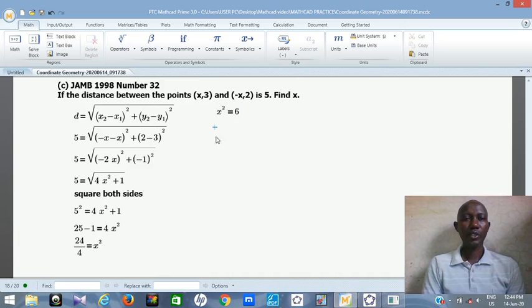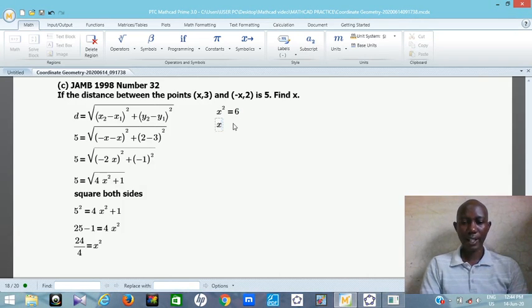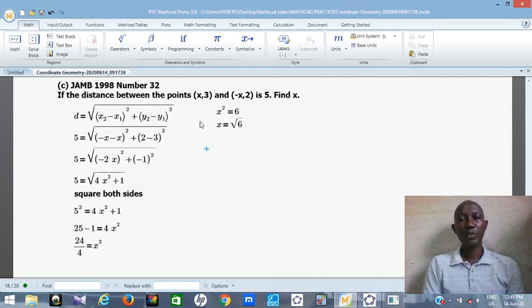Then x will be equal to the square root of 6. Just like to remove square root, you square both sides, to remove square, you square root both sides. So this is the answer.